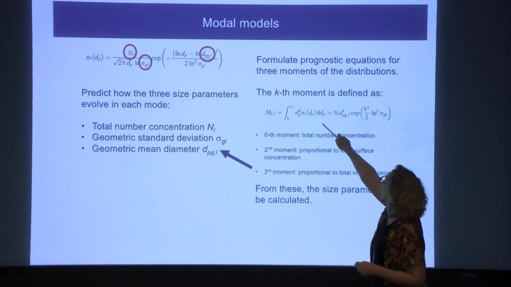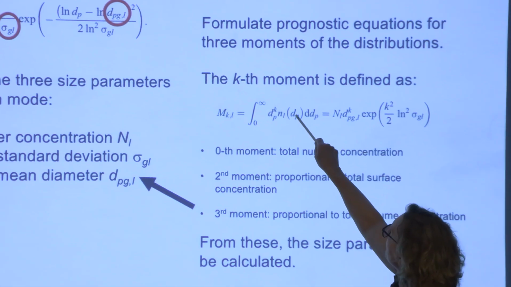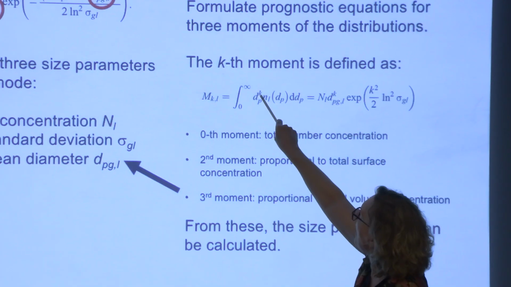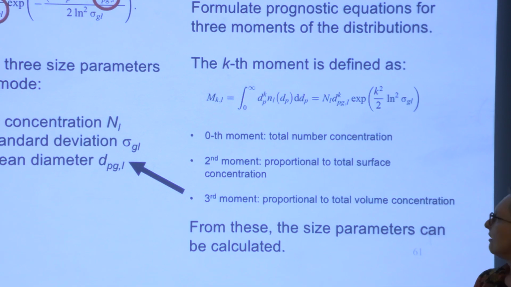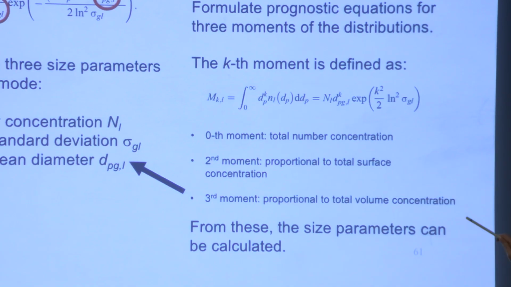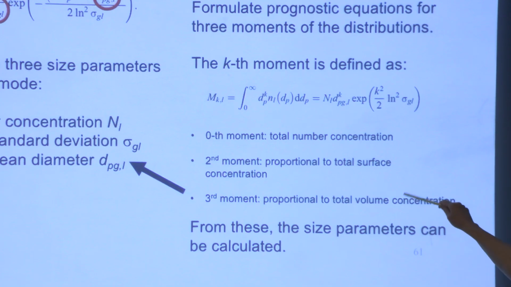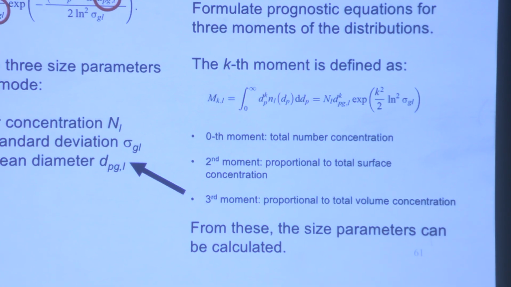You have the distribution, which is a function of dp in this case, and you multiply it by dp to the power of k. That would be the kth moment of the distribution, right? So the 0th moment is actually the total number concentration. The second moment is proportional to the surface concentration. And the third moment is proportional to the total volume concentration, right?